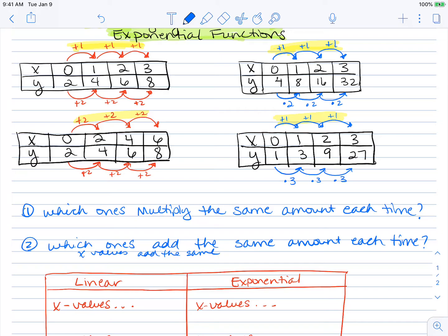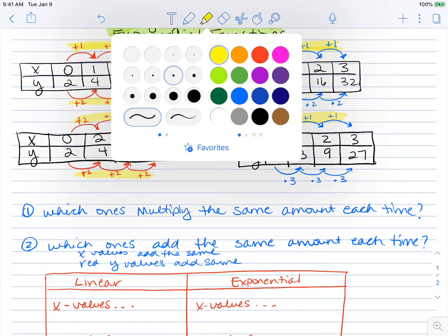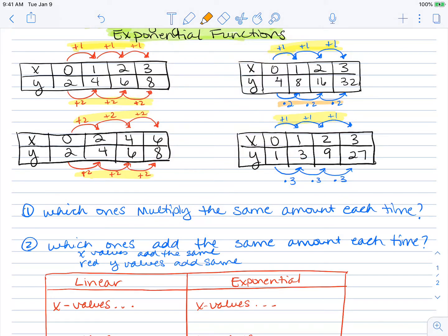And then only on the red ones, the y values add the same. So when I'm looking at these guys down here, these added the same every time. But when I'm looking over here at this, these are not adding the same every time. Over here, these are multiplying the same every time.